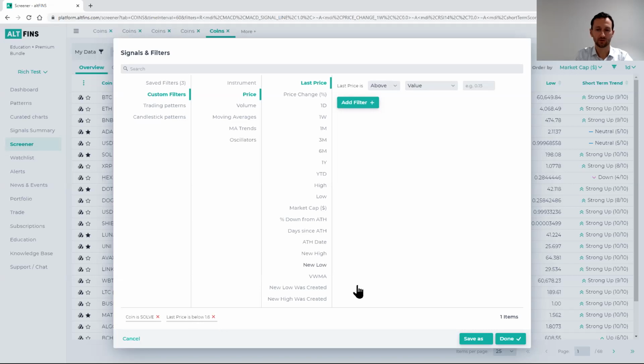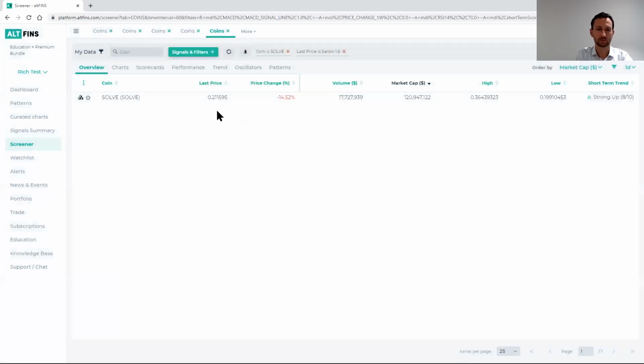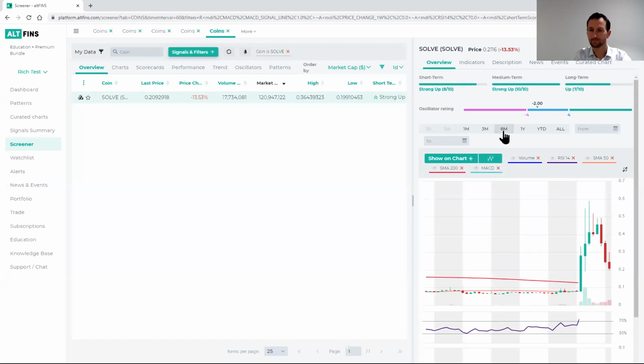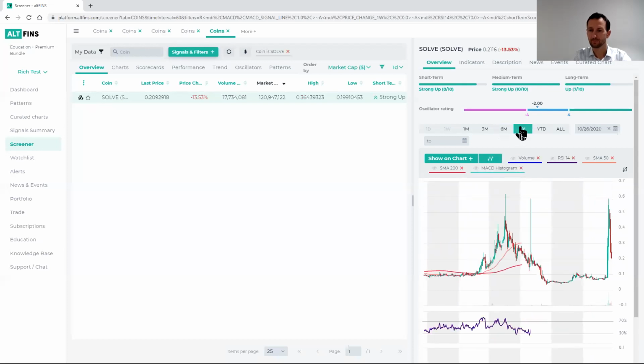It looks like the price is already below that. Oh, I'm sorry, not $1.60. It's 16 cents. Silly me. 16 cents. If I'm looking at the right one, right? Yeah, that's it. So it's not $1.60, it's 16 cents.